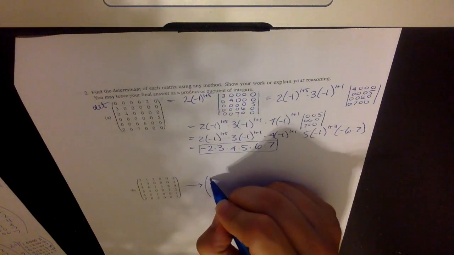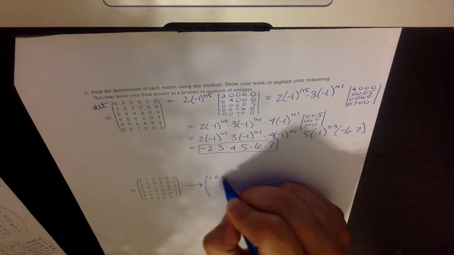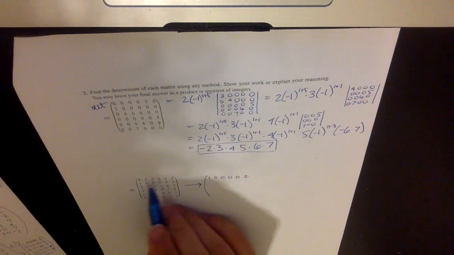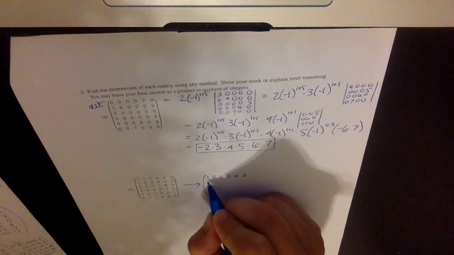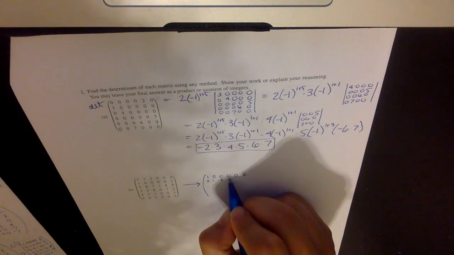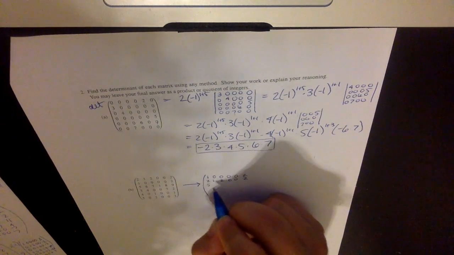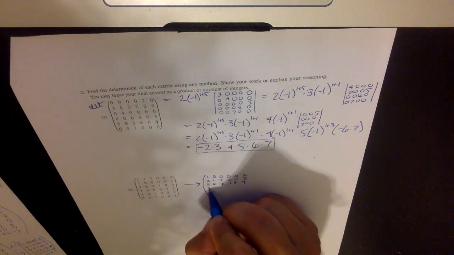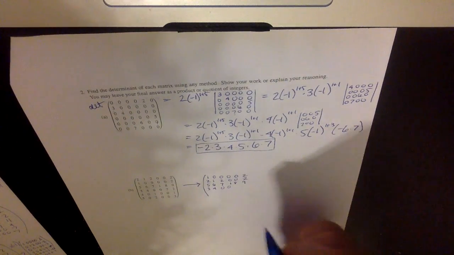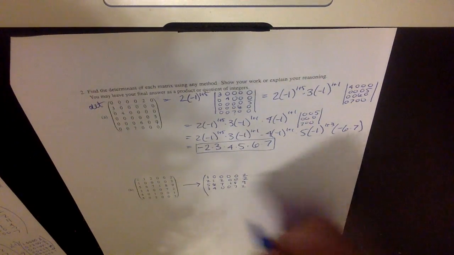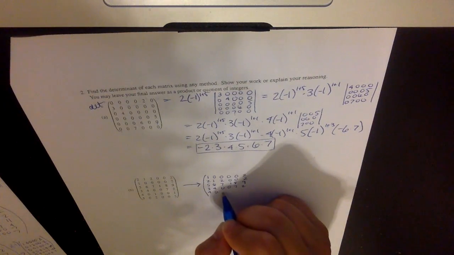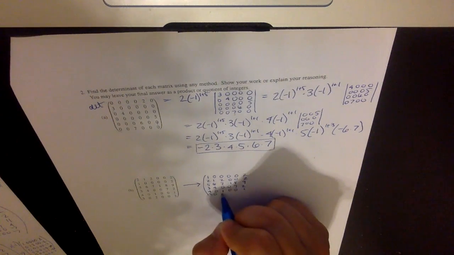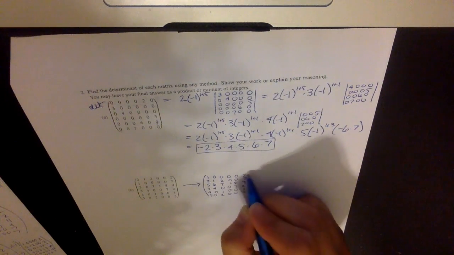Okay, when I do that, I get 1, 1, 2, 3, 4, 2. I'm swapping this row with this first row. 2, 1, 2, 0, 0, 2. And the rest of them are going to stay the same. 5, 6, 7, 1, 8, 9, 3, 4, 0, 0, 7, 2, 4, 0, 1, 0, 0, 1, 5, 0, 2, 0, 0, 3.